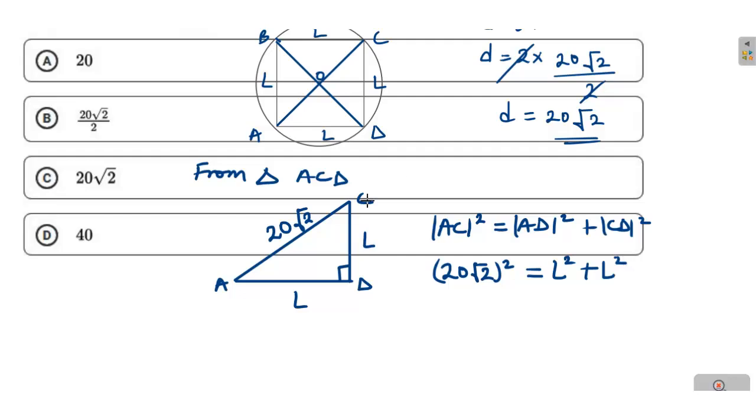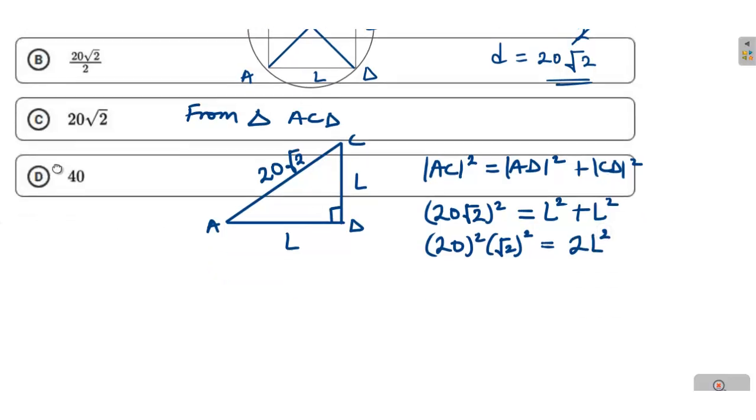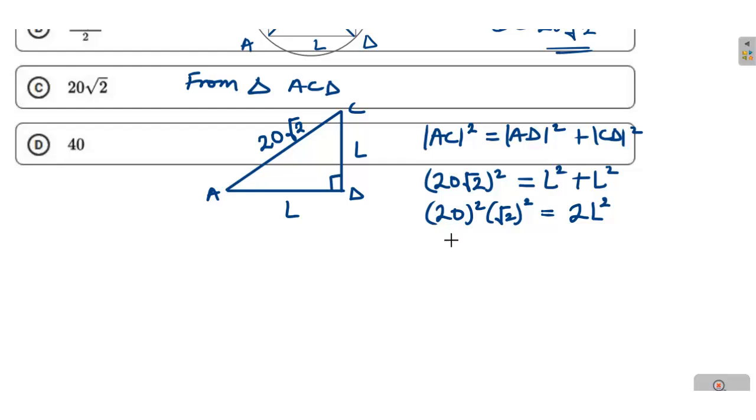If I distribute this square, that will be 20 square, root 2 square, equal to L square plus L square, that is 2L square. 20 square gives us 400. So we have 400 times root 2 square, the square root cancels the square, that'll be times 2, equal to 2L square. The 2 cancels the 2, so what we have left is 400 equal to L square.